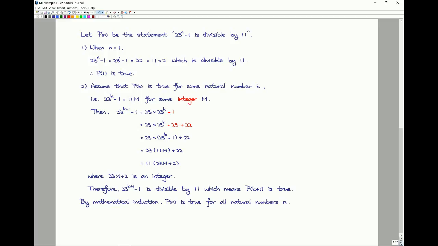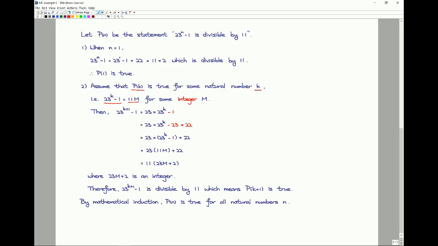Let's assume that Pk is true for some natural number k, which means that 23 to the power k minus 1 is divisible by 11. And it just means that this expression equals 11 times m for some integer m.